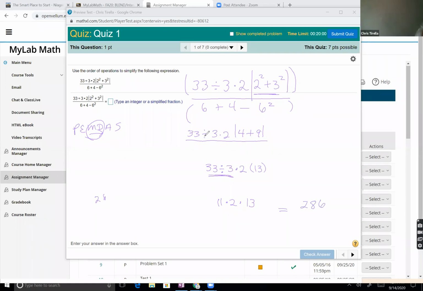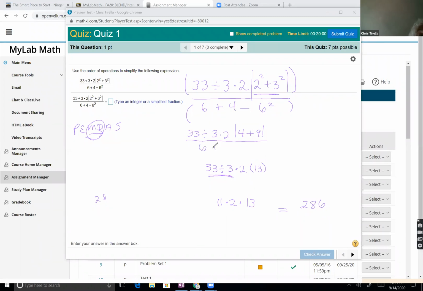So a couple places, division stays division, watch it when you square, simplify inside. The only time you'd need to distribute is if there were a variable on the inside. Otherwise, it's all numbers, you should be able to simplify. Watch squaring. Now in the denominator, 6 plus 4 minus 6 to the second, exponents first.